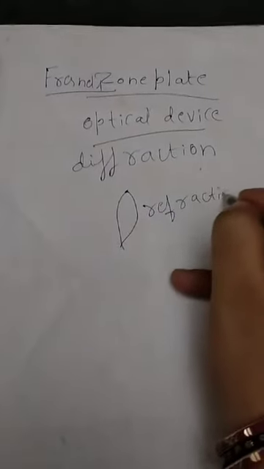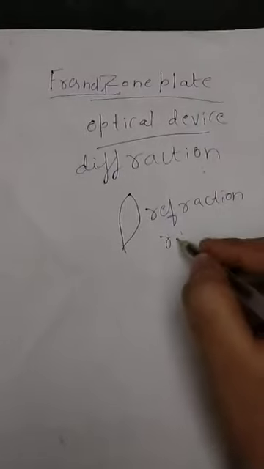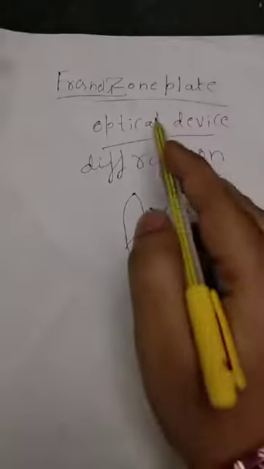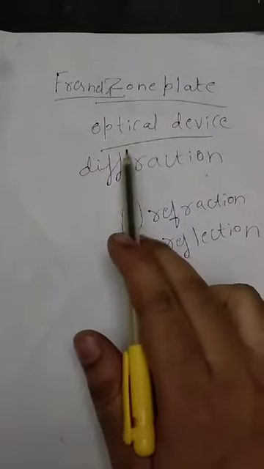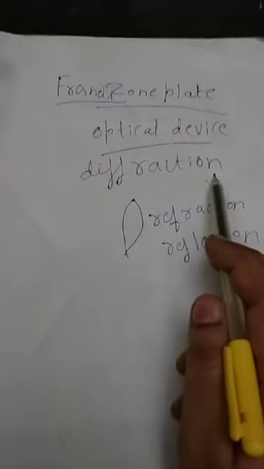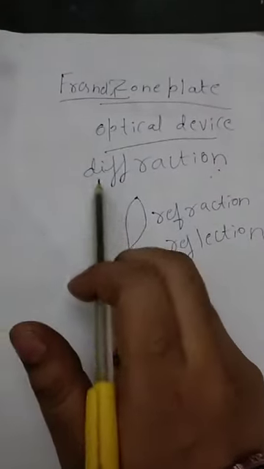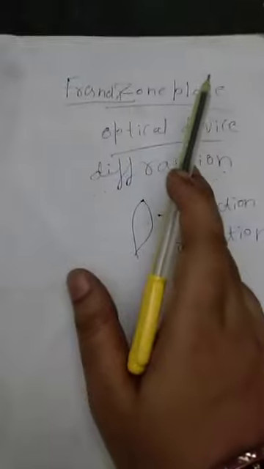And similarly in mirrors, the phenomenon used is reflection, correct? Similarly, in the zone plate we use diffraction, particularly half period zone diffraction, which you have seen. The same phenomenon is used in the zone plate. That is why the zone plate is also known as Fresnel's zone plate.